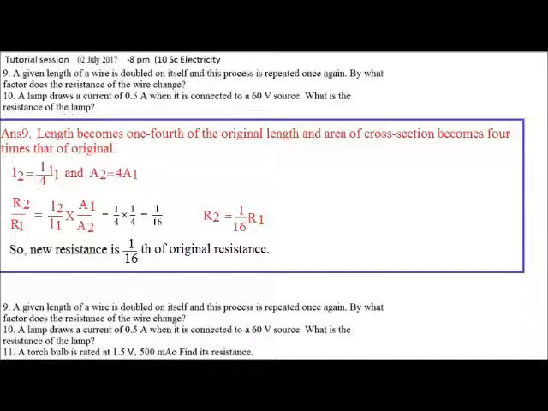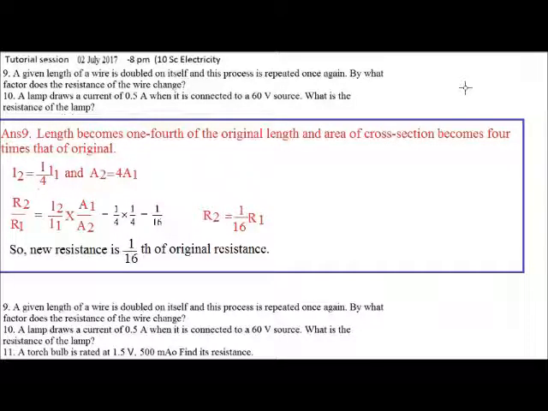So here we find that length becomes 1/4 of the original length, because firstly it is doubled and then again this process is repeated. So the length which was earlier, let us say 1 centimeter, firstly it was doubled, so it became 2 centimeters, again doubled, so now it becomes 4 centimeters.